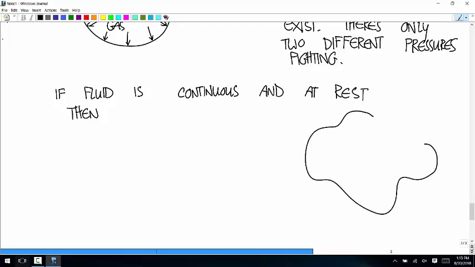Here's a continuous fluid of a totally arbitrary shape. Let's say this is point 1, and here we have pressure P1 and height H1.